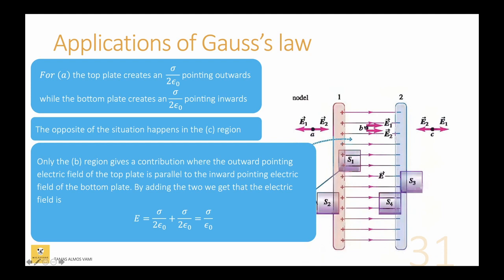Both of them have sigma over 2 epsilon 0 magnitude. So if you add up the two sigma over 2 epsilon 0, you get that the electric field created by these two plates has only non-zero values in between the two plates, and that value is going to be sigma over epsilon 0 constantly.